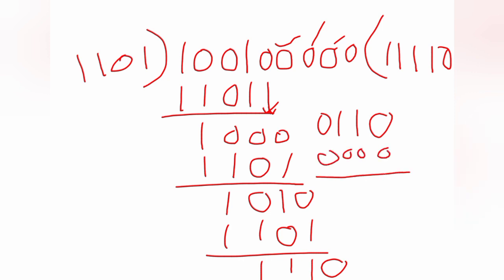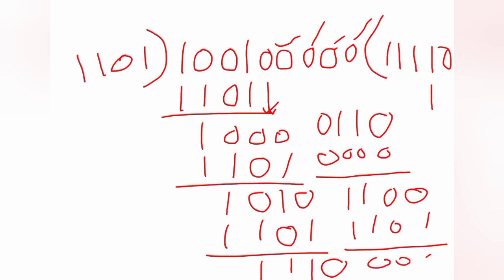If you perform the XOR operation here, the different bits give 1 1 0, and the last 0 we are taking. So again 1 1 0 1 with 1 1 0 1. If you perform the XOR operation, then it will give the remainder 0 0 0 1.